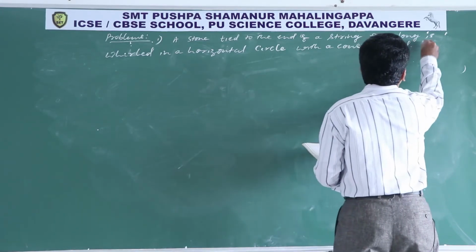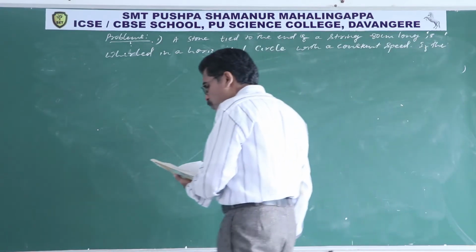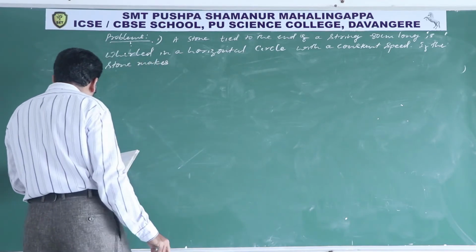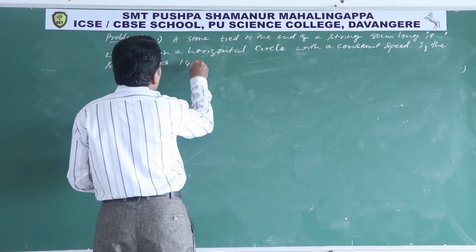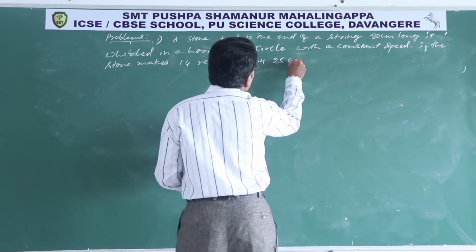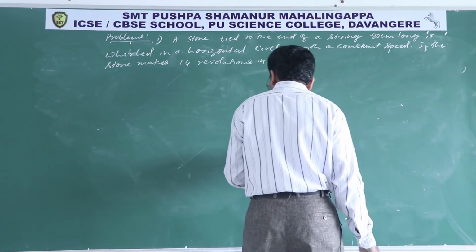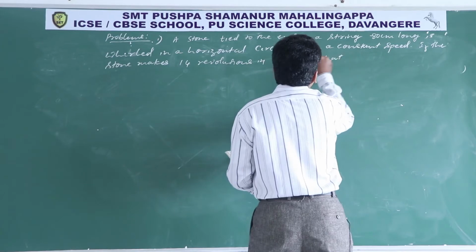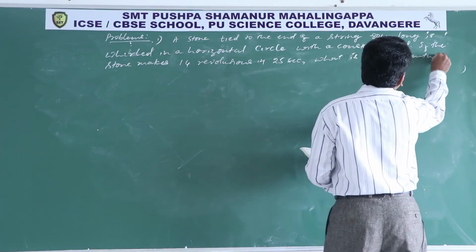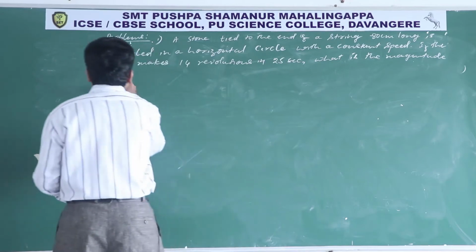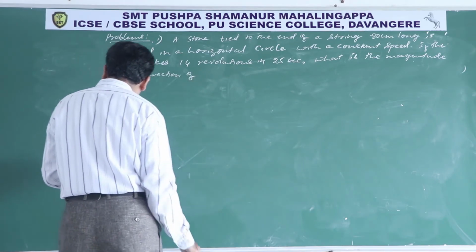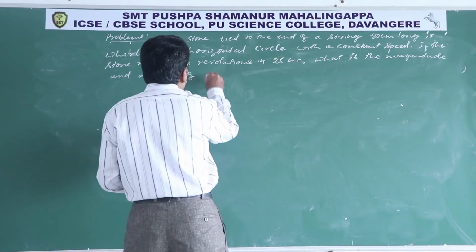If the stone makes 14 revolutions in 25 seconds, what is the magnitude and direction of acceleration of the stone?